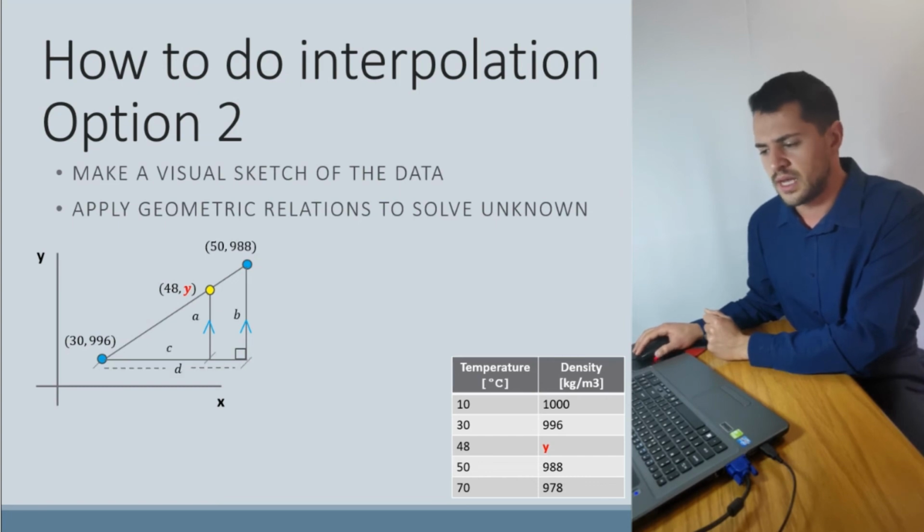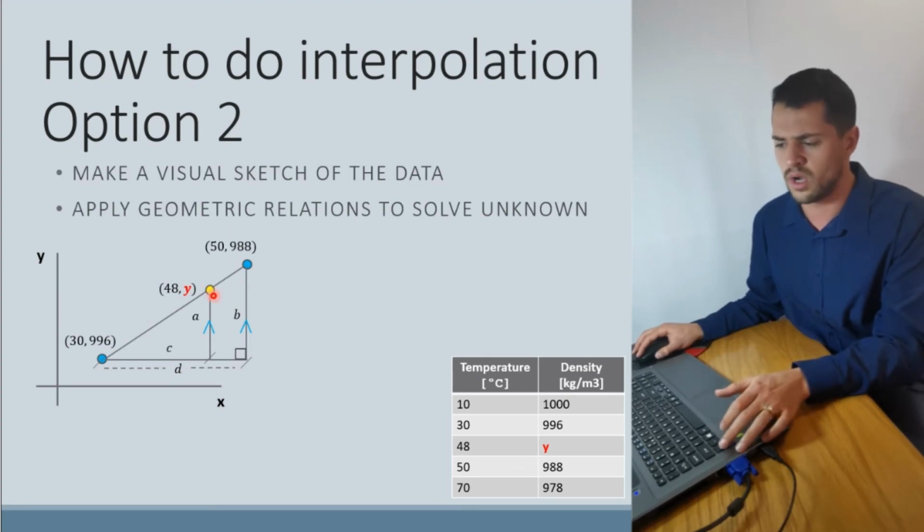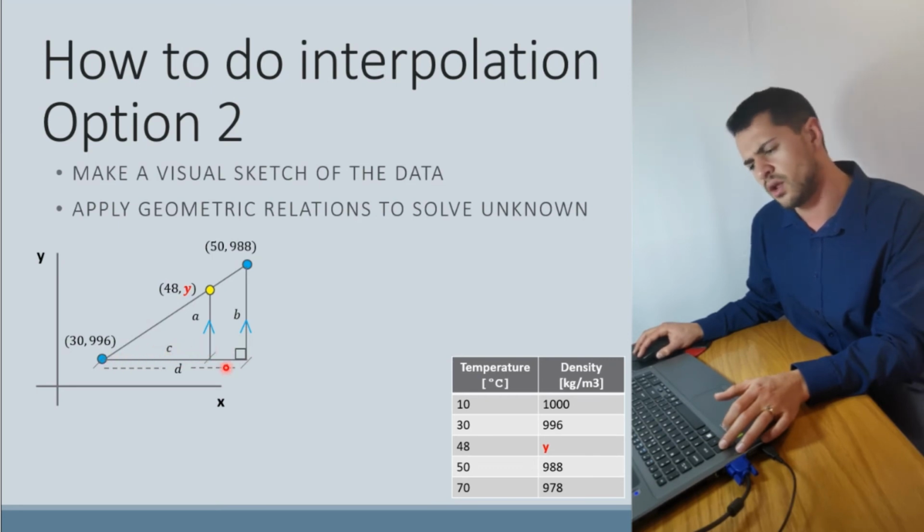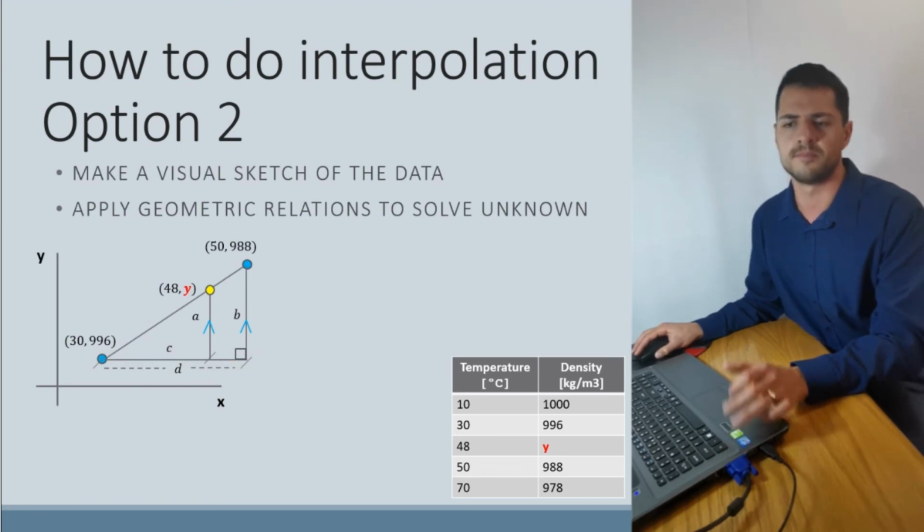So let us break it down into algebraic variables. We can call the y distance, from our data point y, which we need to calculate, towards the bottom side here, a. The opposing side we will call b. Then of the small triangle, the side that is parallel to the x-axis we'll call c, and the long one down here we'll call d.